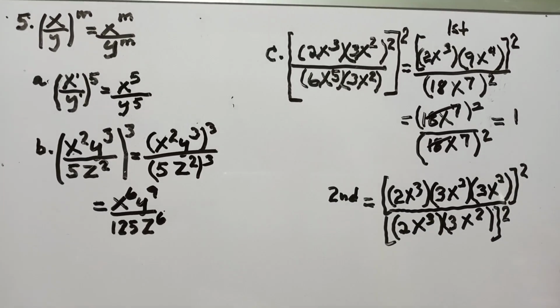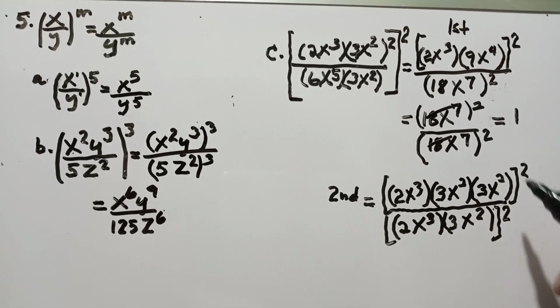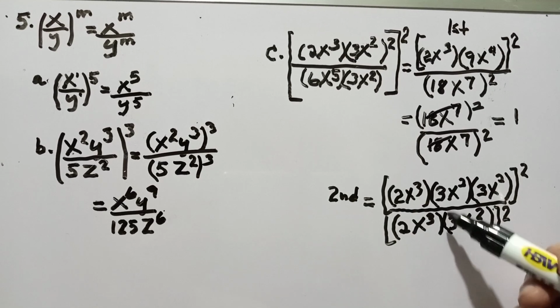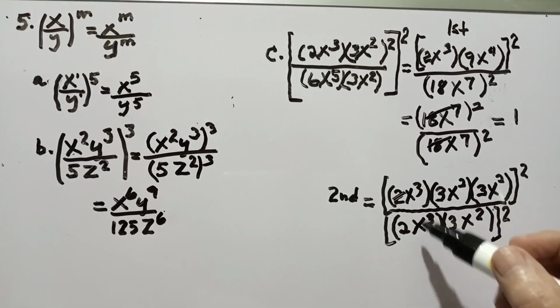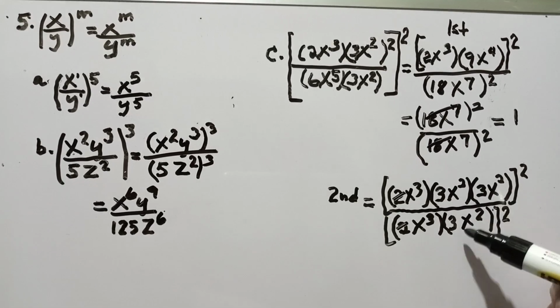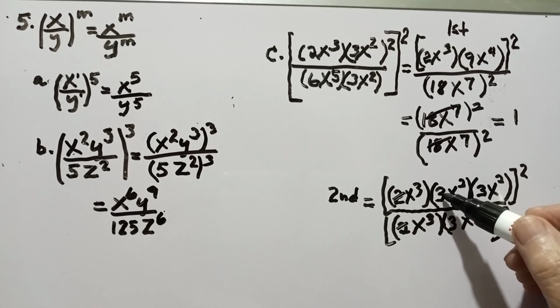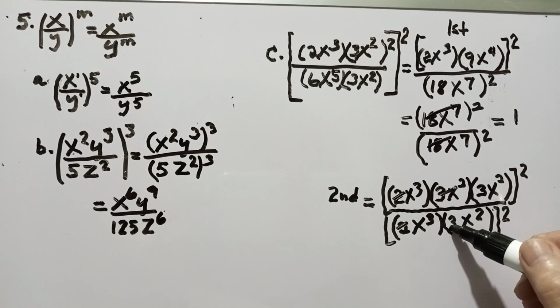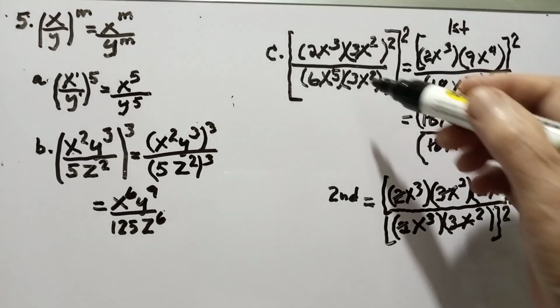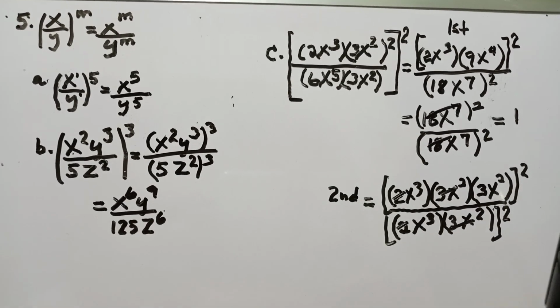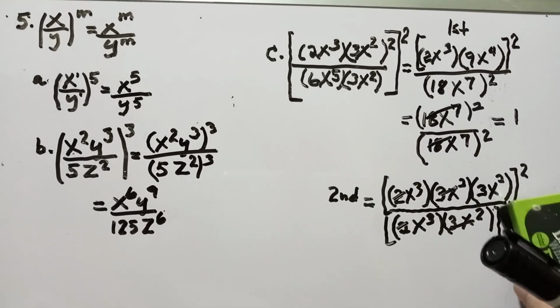In this case, we can now apply cancellation. So note that you have 2x cubed, so you can cancel that. You can cancel this. And then 3x squared, you can cancel that. And this one, oh, we forgot to write the other, sorry. The other 3x squared, so we have to write that one.